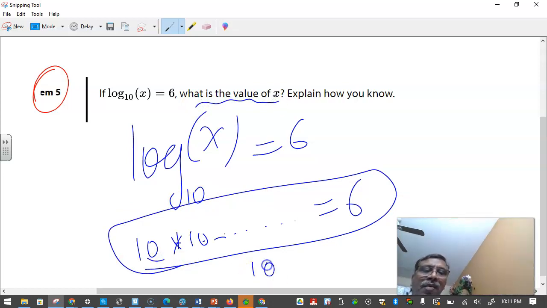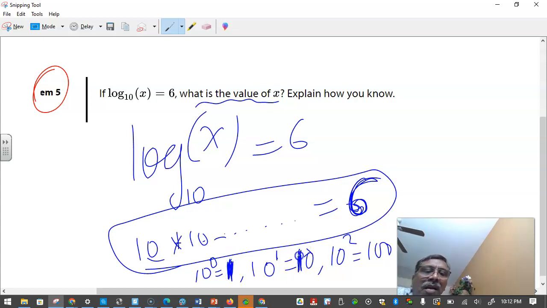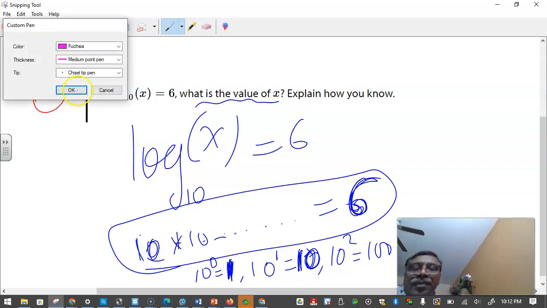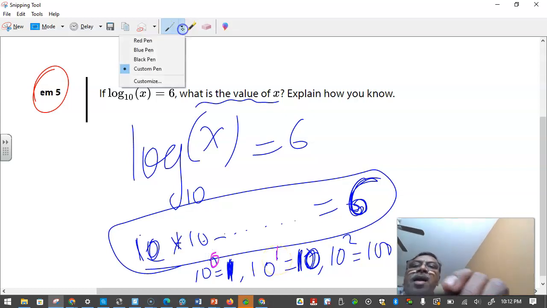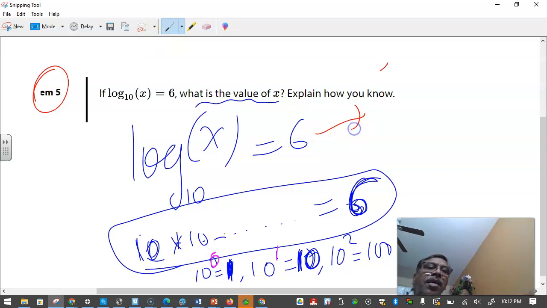Because 10 raised to 1 is 10, 10 raised to 2 is 100, and 10 raised to 0 is 1. So that means the number of tens has to be between 0 and 1. So first thing, let's write this in the exponential form.